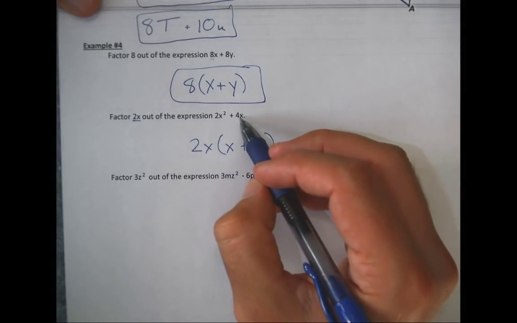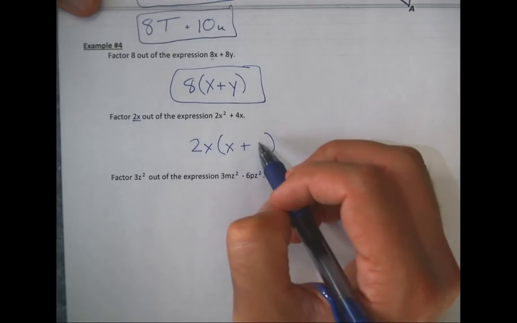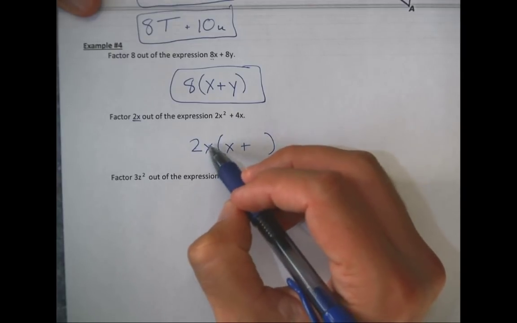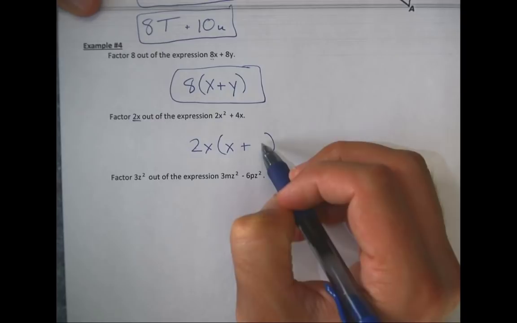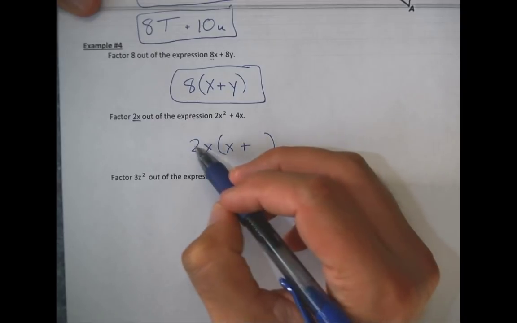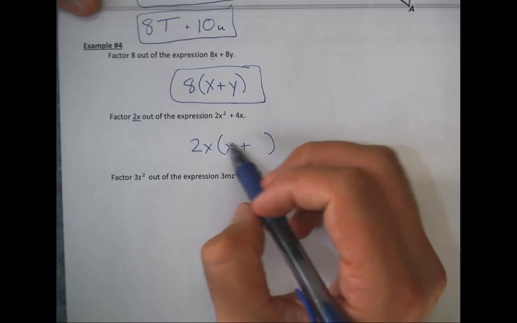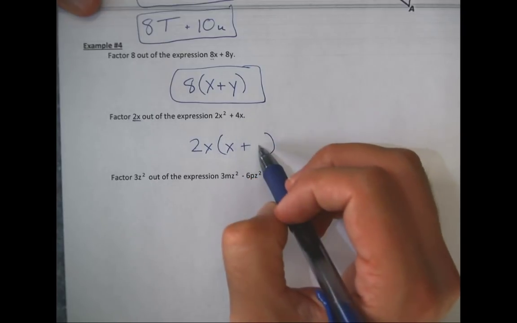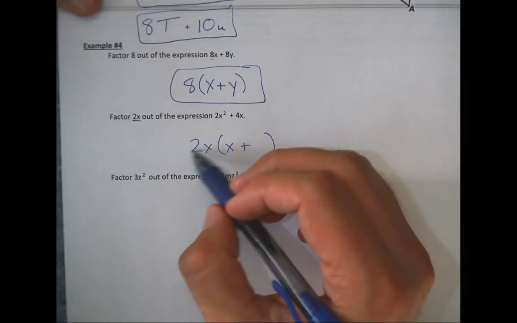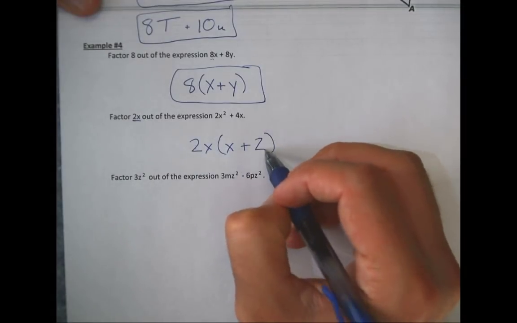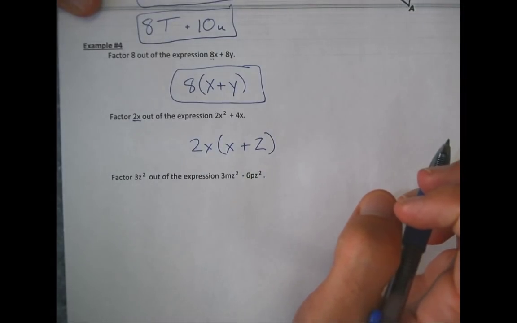Now, what about 4x? 2x times something got me 4x. I've already got the x here, so I don't want to put another x here, because if I multiplied 2x times another x, I'd end up with a squared. So I know this is just a number. All that happened was the 2 became a 4, which means I multiplied it by 2.